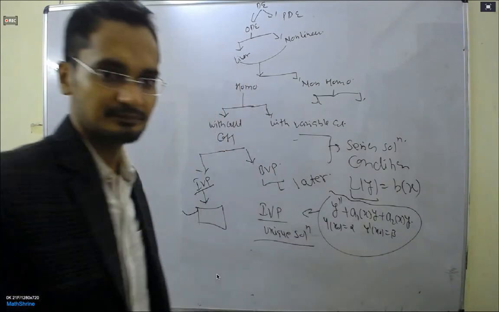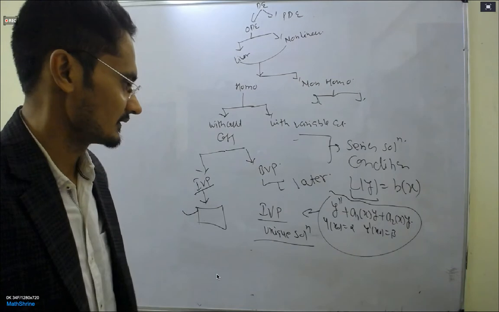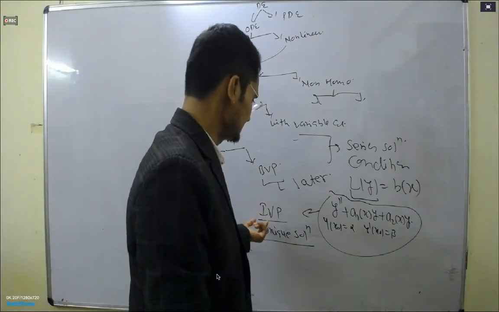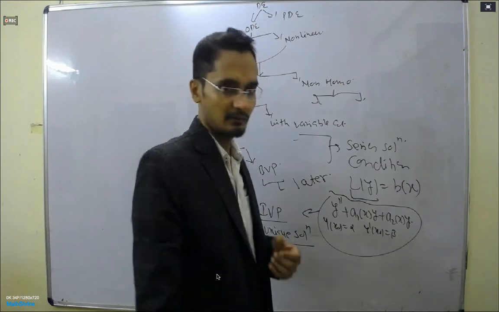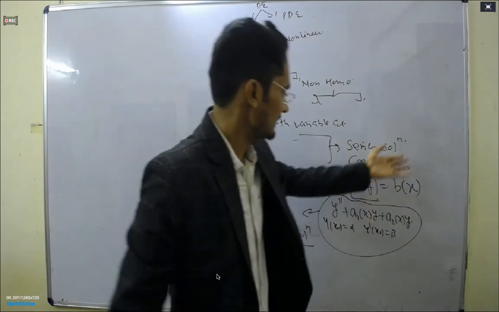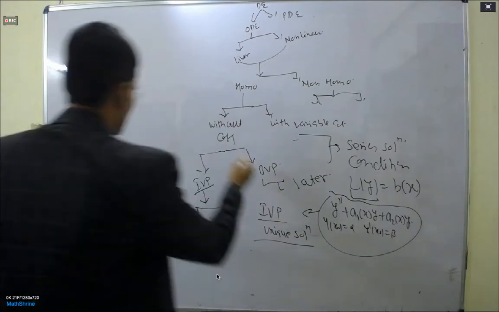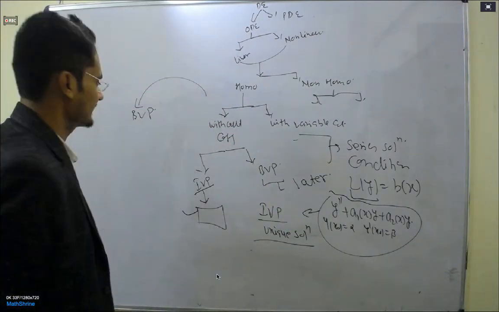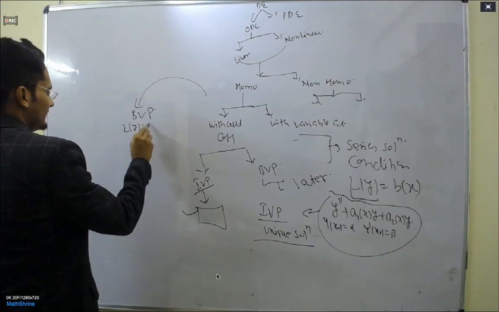Okay. Anyway, so we say this is the initial value problem. Otherwise, we will define again for the boundary value problem. We have two categories for Ly = Vx.